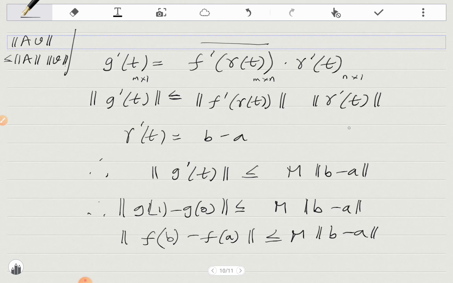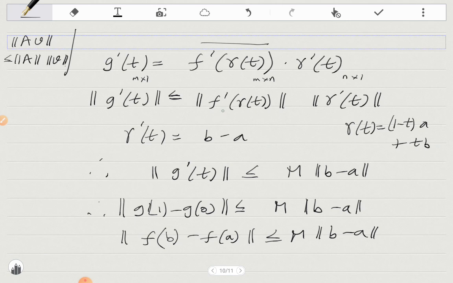And since gamma t was the straight line parameterized in the usual way, (1 minus t) times A plus t times B, when I take derivatives, I get gamma prime of t is B minus A. And I just plug it in, that's it.